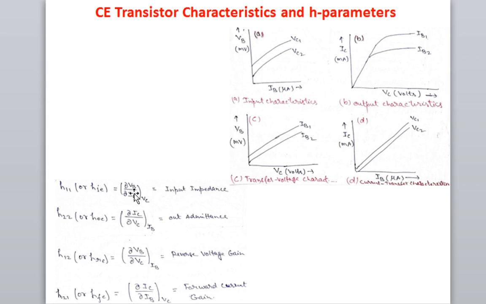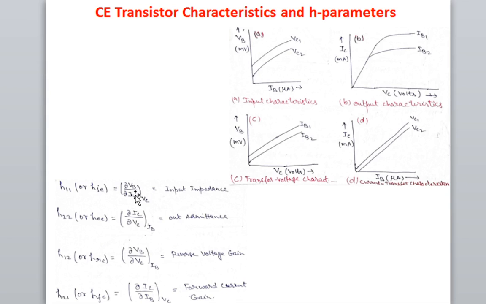Both are input parameters, input voltage and input current, so I have called it input impedance. Similarly, for the output characteristics, this is the output current, the collector current, and this is the output voltage, the collector voltage. So del IC upon del VC, keeping the input current IB constant.